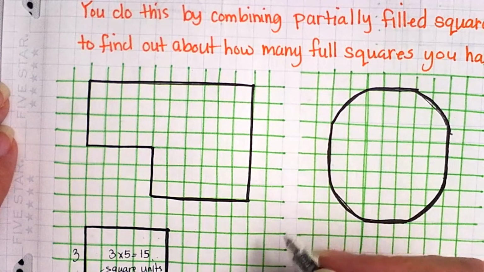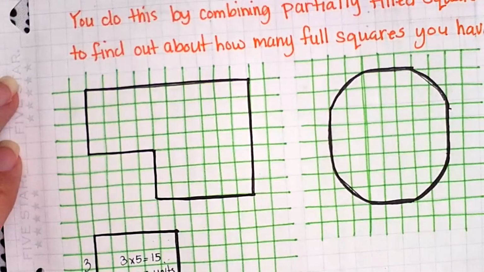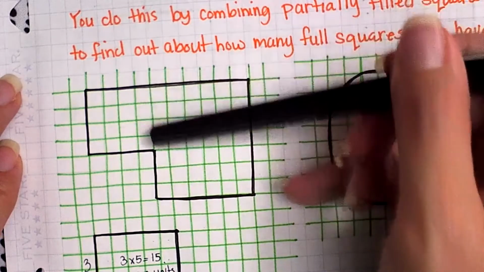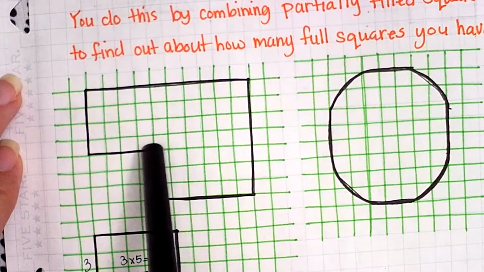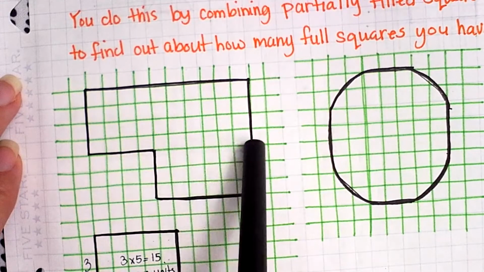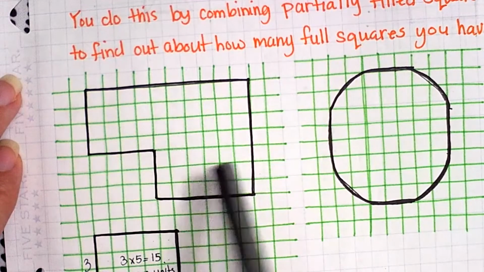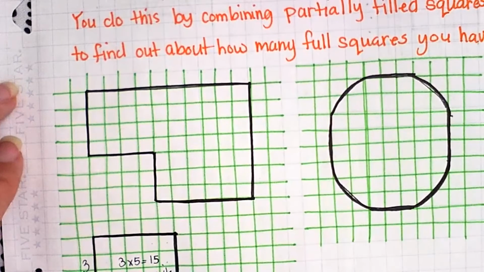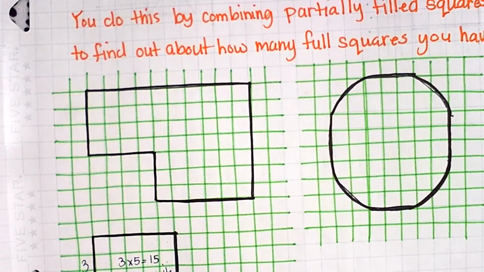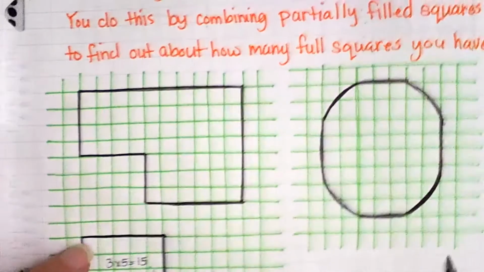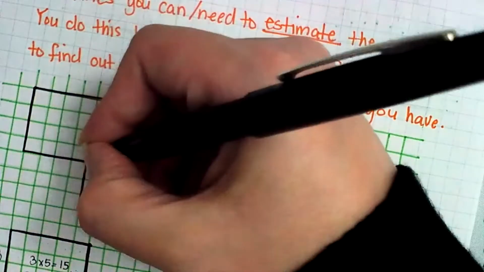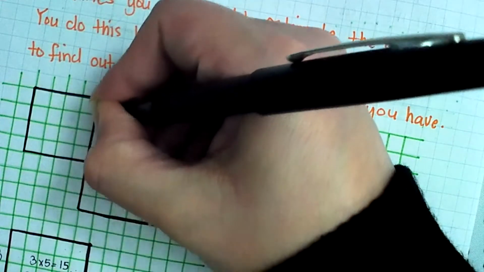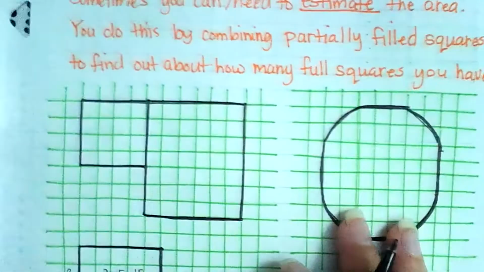So I can cut this, and I can either cut it up right here to separate this side from this side, or I could cut it across right here and extend this line so it'll be a rectangle up here and a rectangle up here. Either way, you're going to find the same answer when you combine those partial products, because remember, we're not adding in anything extra. We're not taking anything out. So I think what I'll do is I will continue this line up this way. So I'm going to cut it.